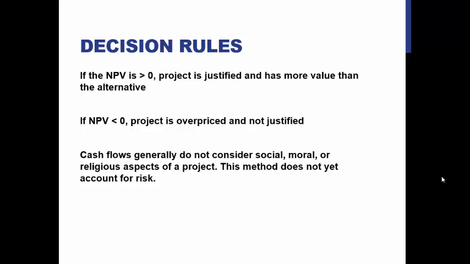This method also does not currently account for risk. So if you find that based on your calculations you are pretty close to 0, it is unlikely that your evaluation or decision rule will necessarily be correct. Things change and everything. That's something that we want you to remember throughout this class.